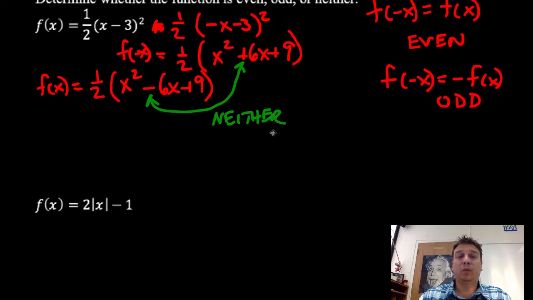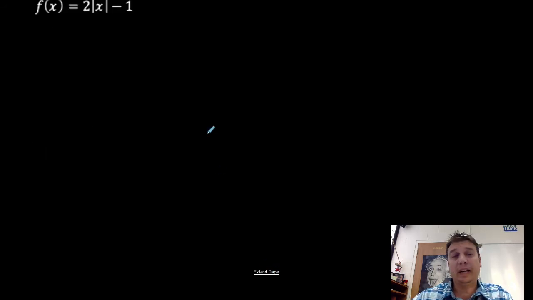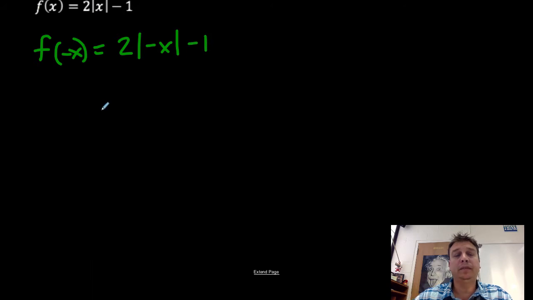All right, so let's scroll down to the bottom one then. Okay, I'm going to extend the page here. So now I'm going to substitute. I'm not going to do anything with this. I can see what the equation is going to be. So let's take f of negative x. So 2 times the absolute value of negative x minus 1.